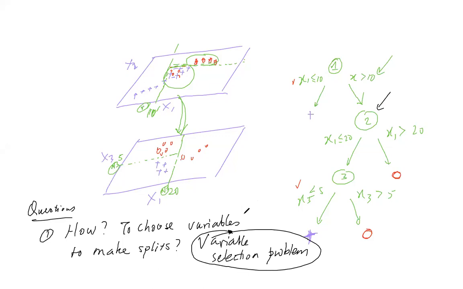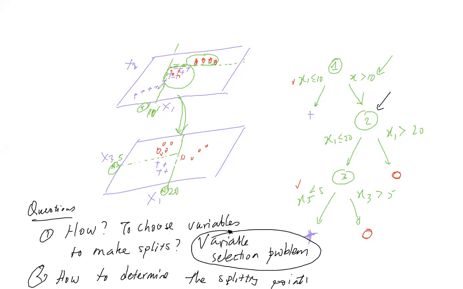Variable selection is also fine. It will do it for you, because it's implicit in the model. Then the second question is how to determine the splitting point. Okay. Once you determine which space to split, then you have to determine the splitting point, right?